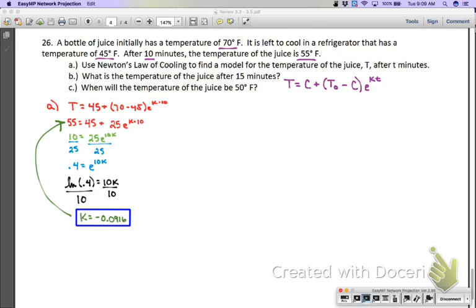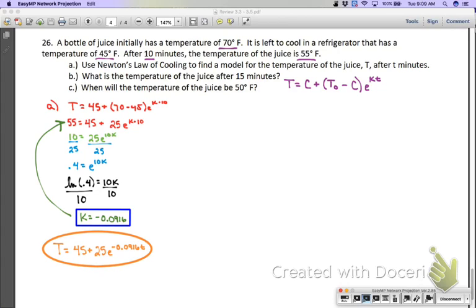So my actual formula is T equals 45 plus 25 e to the negative 0.0916 t power. That's the formula I'm going to use from here on out.